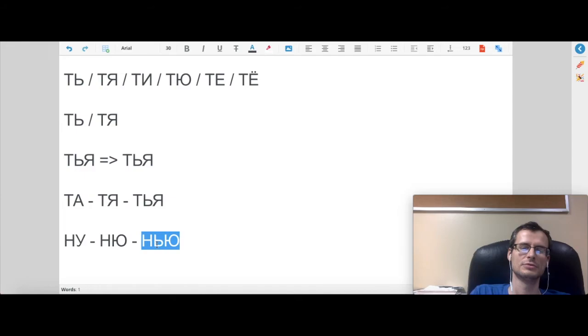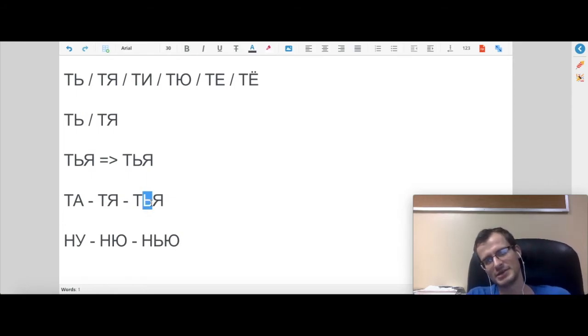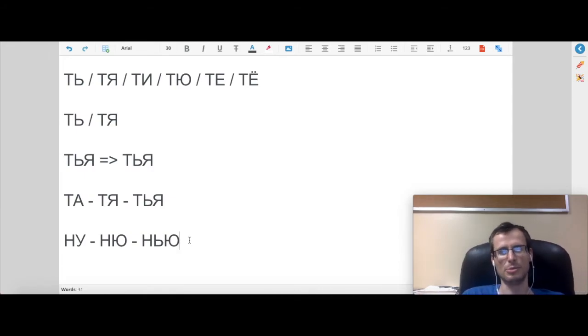So again, nu, new, new. All right? So you could kind of say that the soft sign in this case kind of separates the consonant from the diphthong while keeping the consonant soft. Okay, so it kind of relieves the diphthong of its necessity or obligation to soften the consonant.